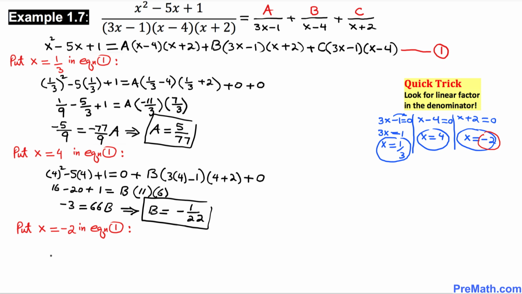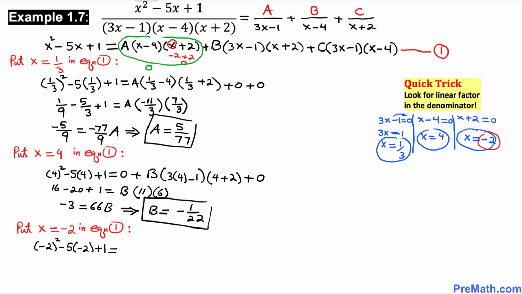So this equation number 1 is simply going to become negative 2 squared minus 5 times negative 2 plus 1 equals to, let's look over here. When we replace x by negative 2, negative 2 plus 2 is going to become 0. When you multiply 0 to the whole, this term is going to become 0.